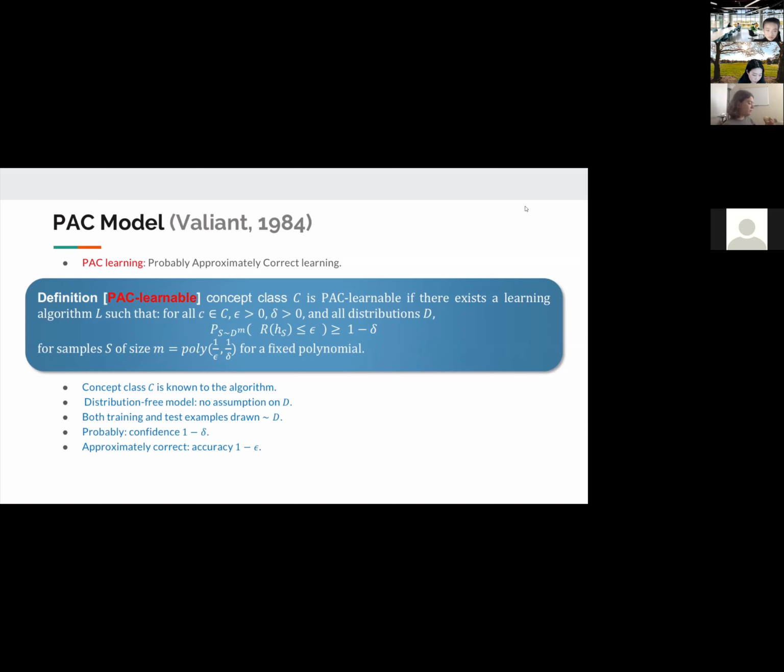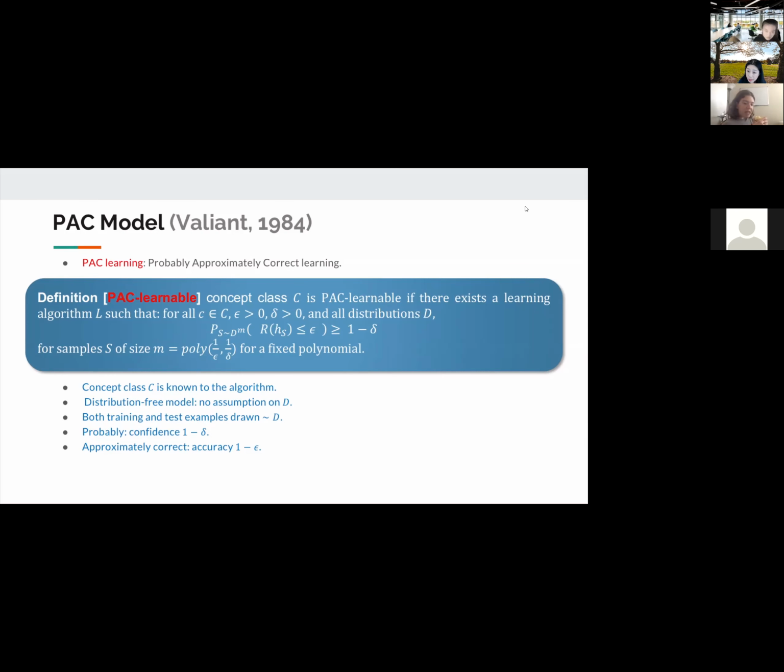So I wanted to first mention that concept class capital C is assumed to be known to the algorithm. Okay, so this is known to the algorithm. Also the distribution-free model, because you don't have any assumption on the distribution. It is for any distribution.